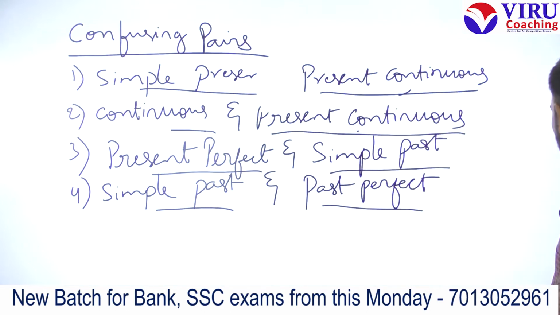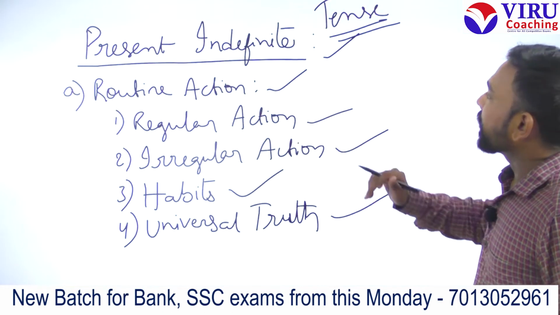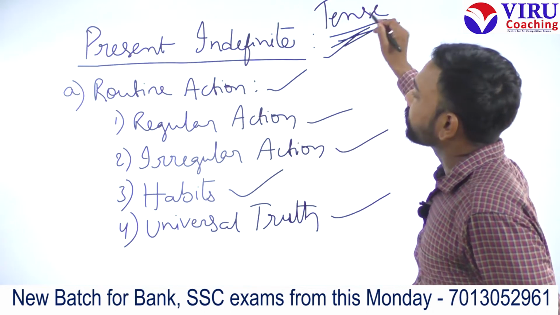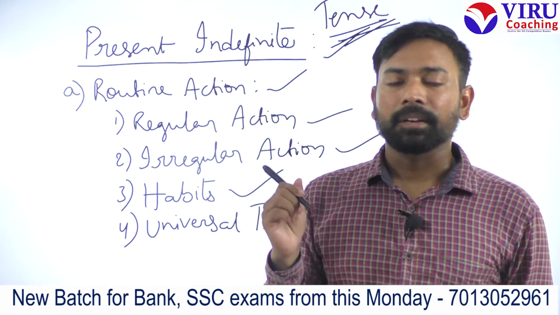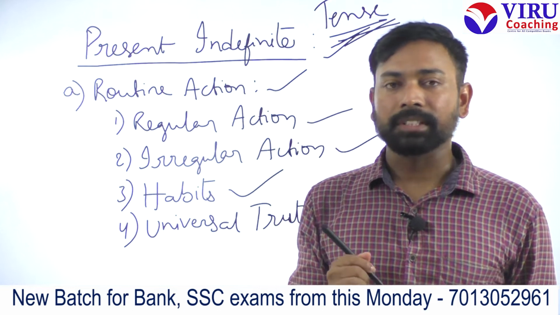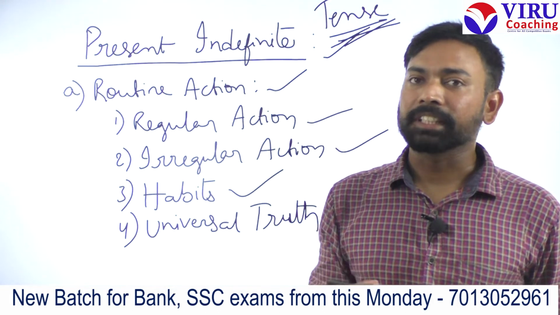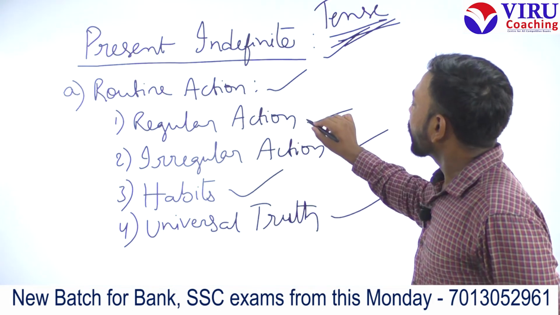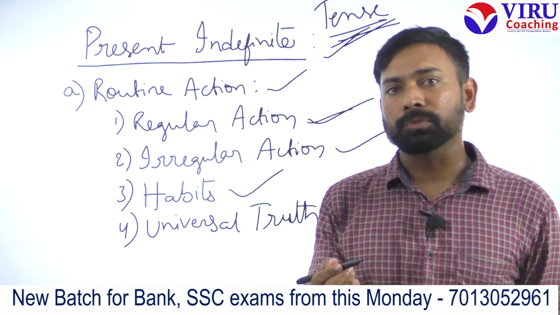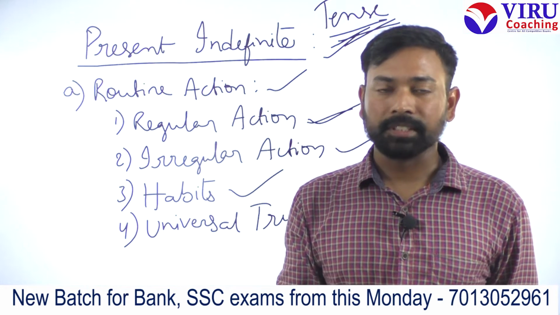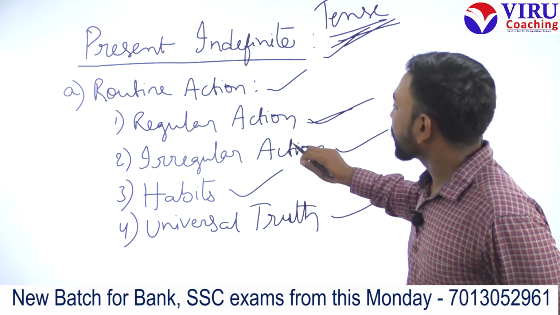All right, let's go to present indefinite tense. All the routine actions are used with simple present tense or present indefinite, both are same. For regular action, the example is: he goes to school daily, he comes to office daily. These are the regular actions.